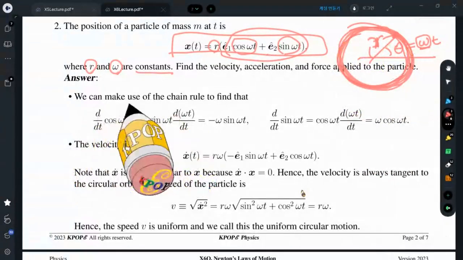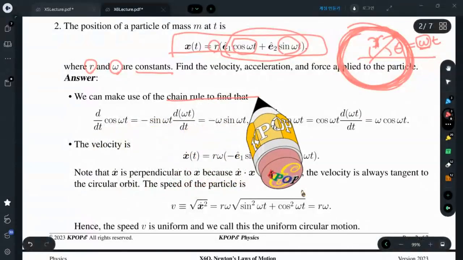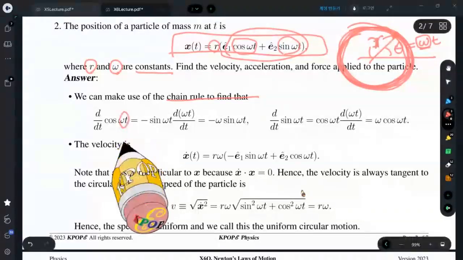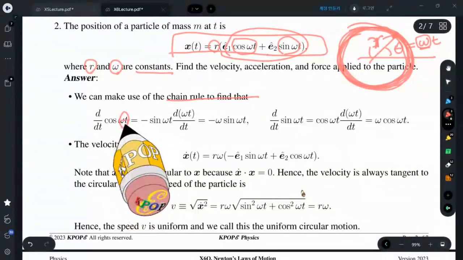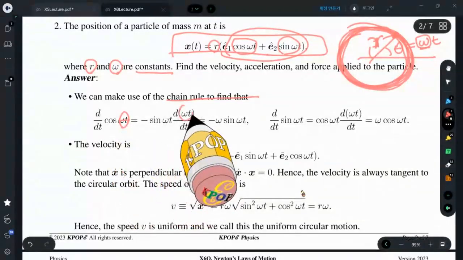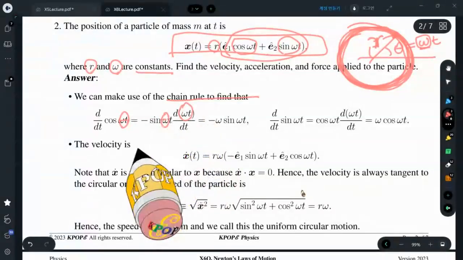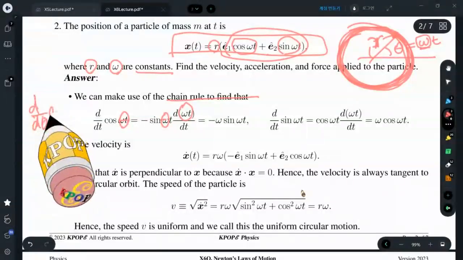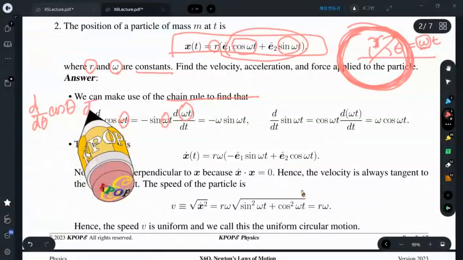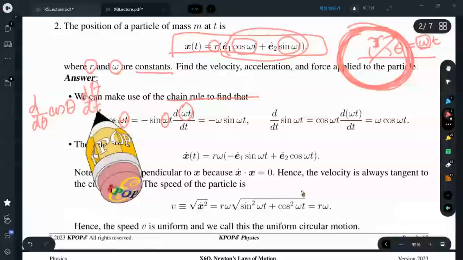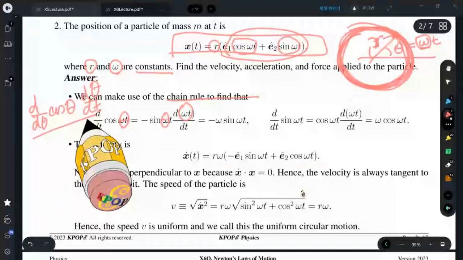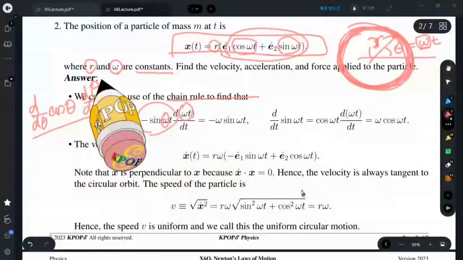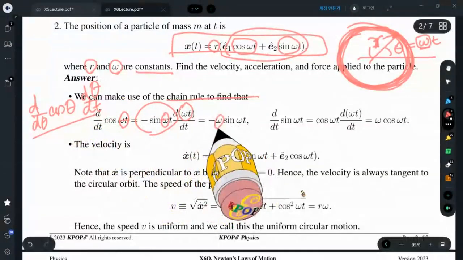We can make use of the chain rule to find that, as we have done previously. This is just to put it as theta, and we take d cosine theta over d theta, and then d theta over dt. So this one is minus sine, and this one is omega.